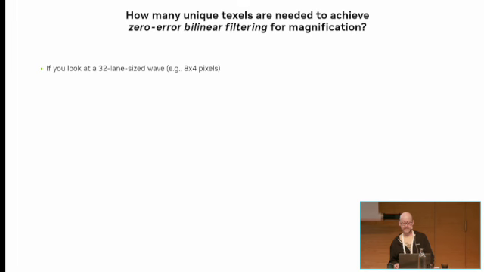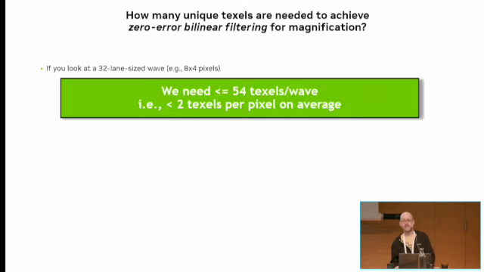And it was quite surprising, and we don't have a proof for this. This is experimental. We did this by looking at a textured quad at different rotations and magnification of 1. And quite surprisingly, you need less than or equal to 54 texels per wave if you have a 32-sized wave.